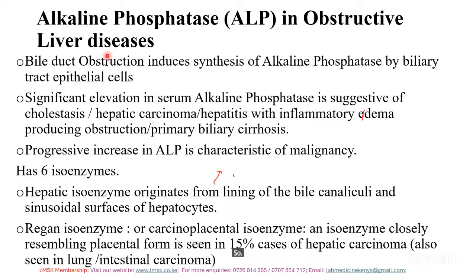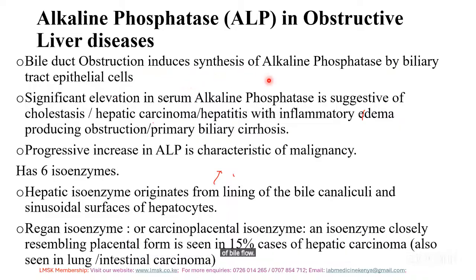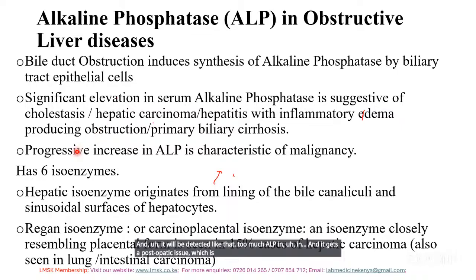So in obstructive issues where there is cholestasis, such as gallstones and those kinds of conditions, there is obstruction of bile flow. And this stimulates the liver to continue secreting a lot of ALP, and it will be detected like that. Too much ALP indicates a post-hepatic issue, which is mostly cholestatic. Now, a progressive increase in ALP is characteristic of malignancy, which you might want to analyze.